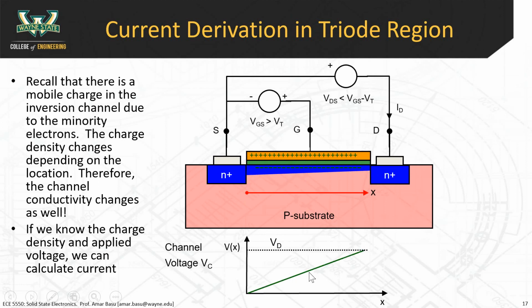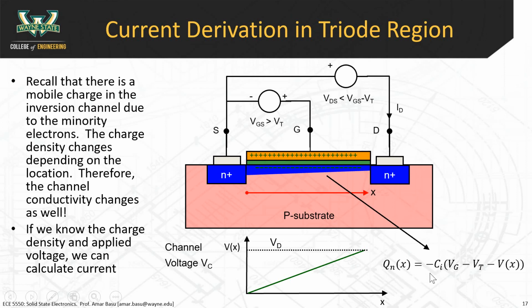This is the channel voltage again, so we're going to focus on this aspect. How much charge do we have in the channel? The charge, Qn, is a function of x. We have a lot of charge at x equals 0, and less charge at x equals L, the length of the channel.